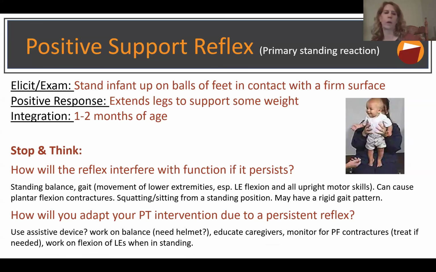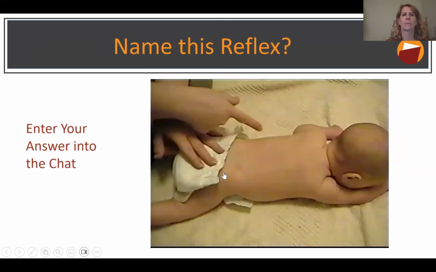And we want to work on flexion of the legs in other positions, strengthen in other positions, and see if we can get flexion while we're working with them. Hopefully this integrates over time, and then they've got more voluntary control over flexion and extension of their knees.